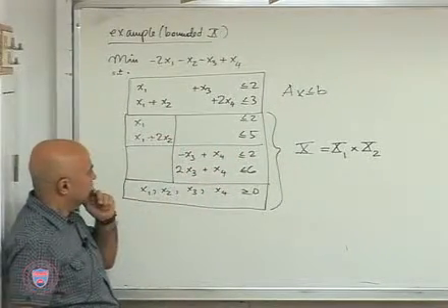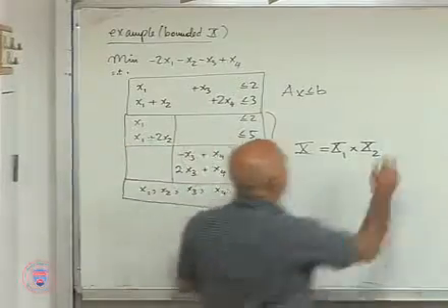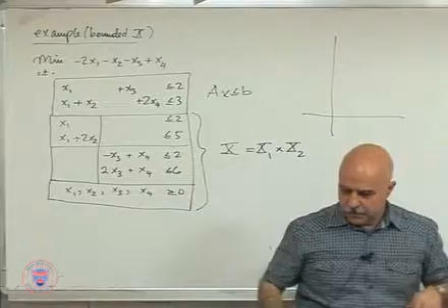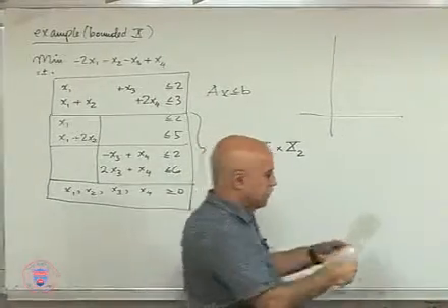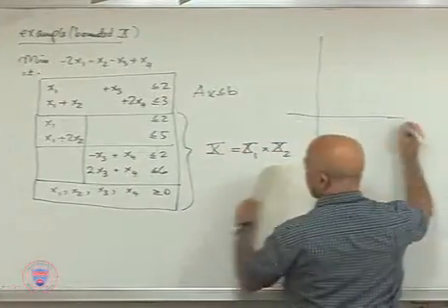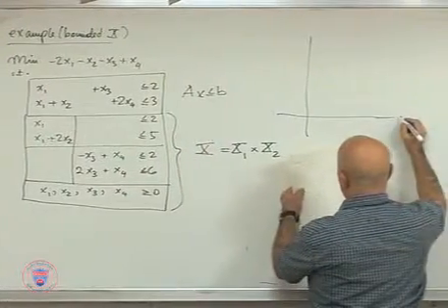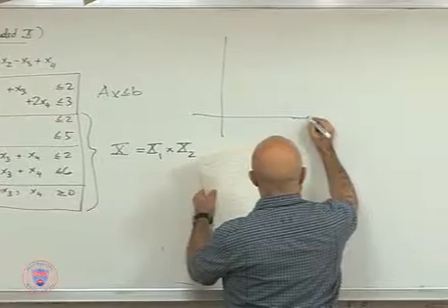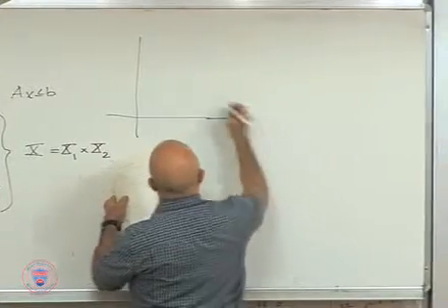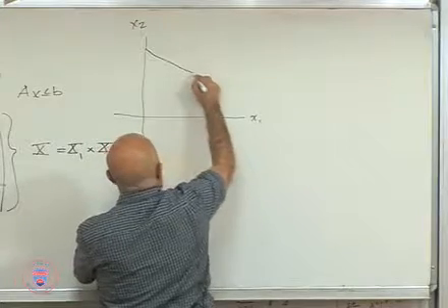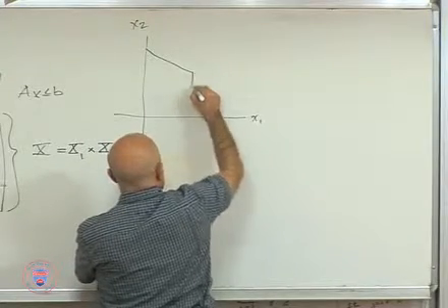Let's just plot these. The first two constraints, in the x1, x2 plane, give a feasible set that looks like this.